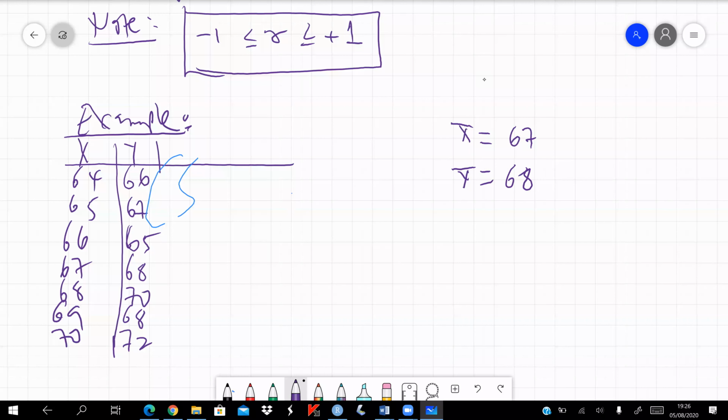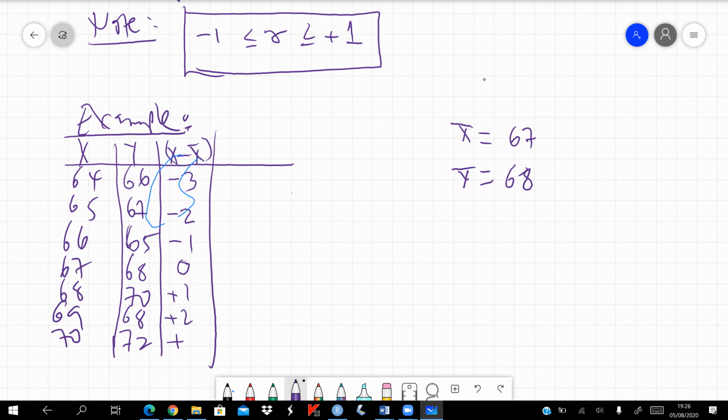So I need deviations, so I need x minus x bar. So 64 minus 67 gives me minus 3, minus 2, 0, 1, plus 2, and plus 3.